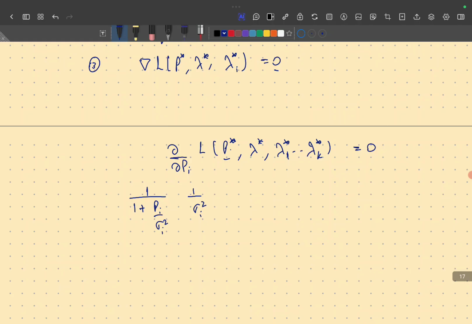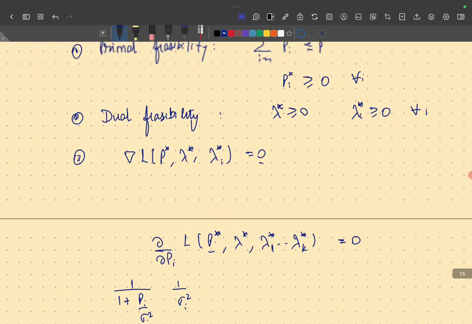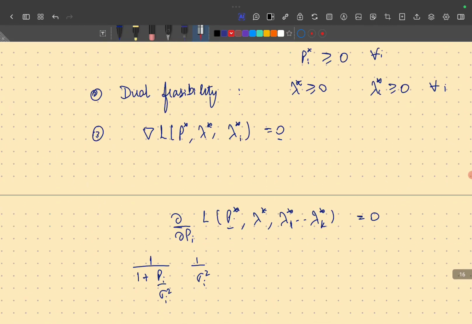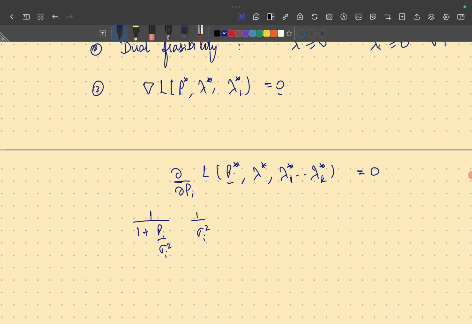If I'm taking the partial derivative of this summation with respect to pi only, I only get one term, right? So there should also be a negative sign here.